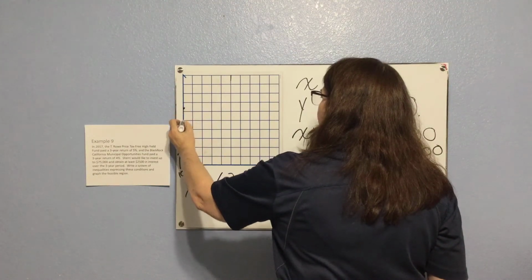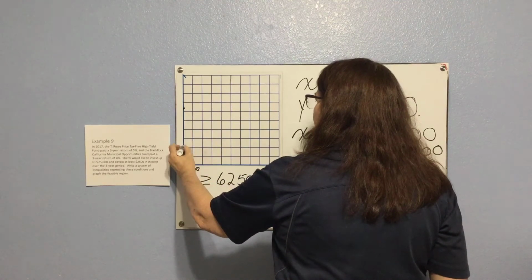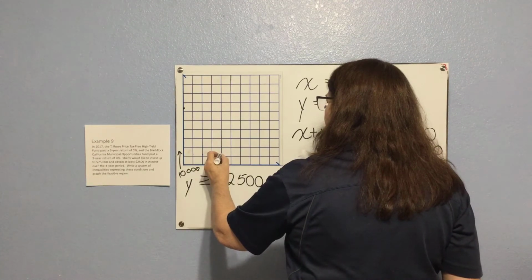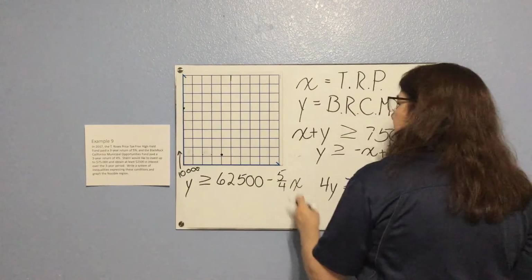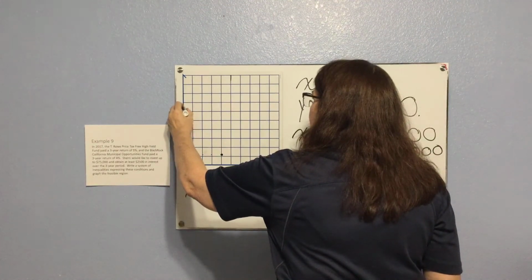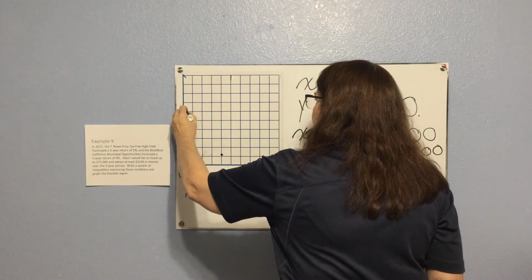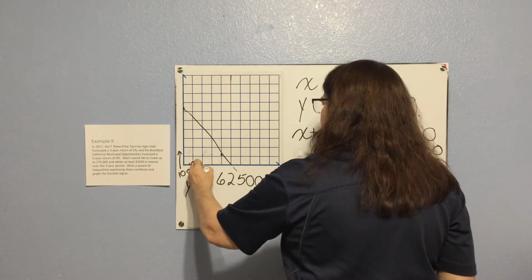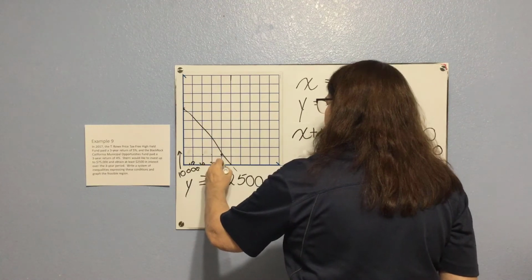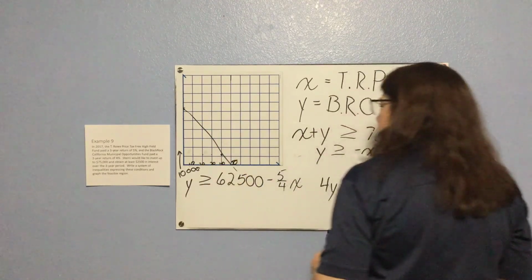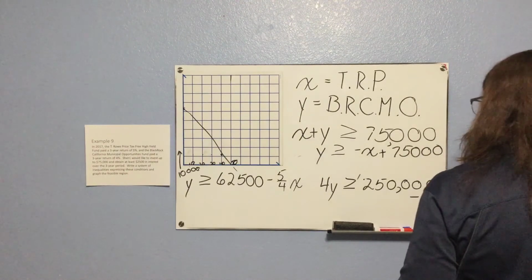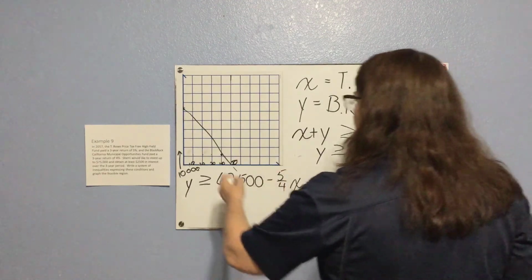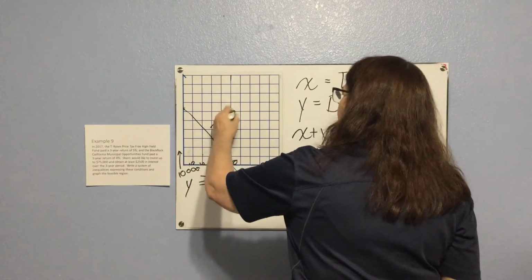So down 1, 2, 3, 4, 5, 1, 2, 3, 4. I can still count the slope that way as long as I'm going to use the same scale. So this is 10, 20, 30, 40, $50,000. And I said that I wanted y to be greater than that, so I'm going to shade y this direction.